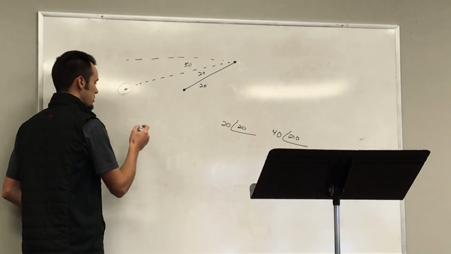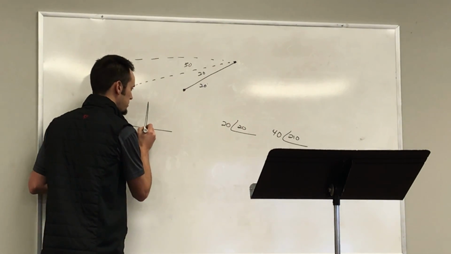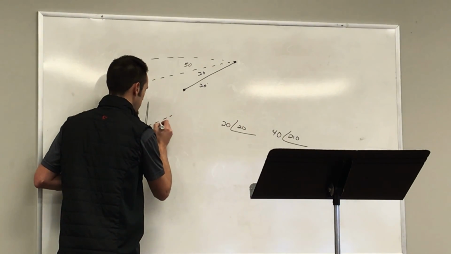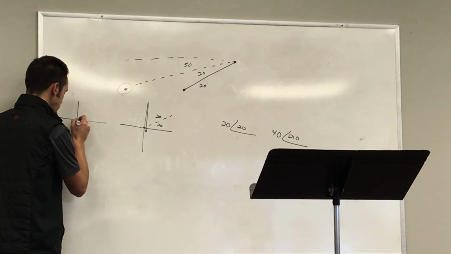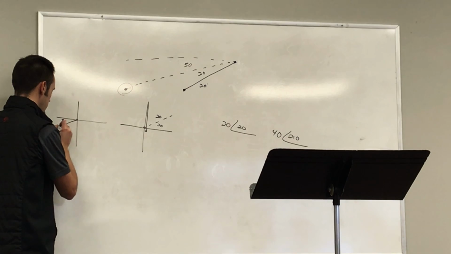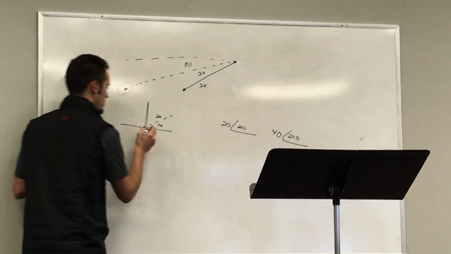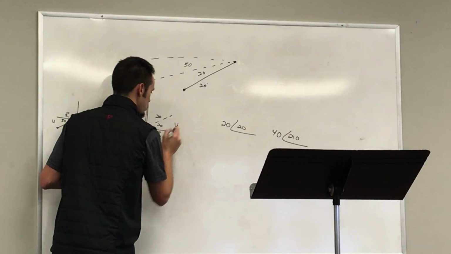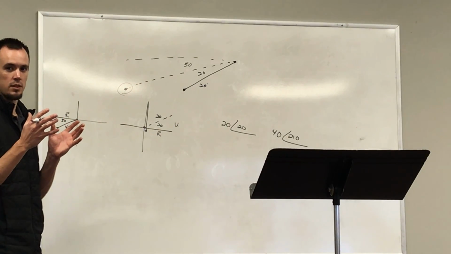I usually draw them up on two separate graphs. You've got a length of 20 at 20 degrees, and another, 40 at an angle of 30, we said. We have to find the R and U for both of them and add them together. Does that make sense?